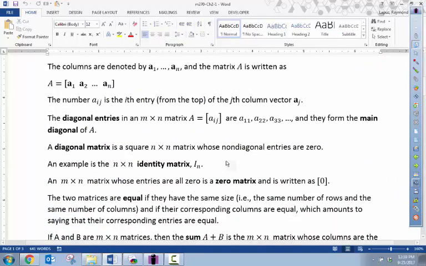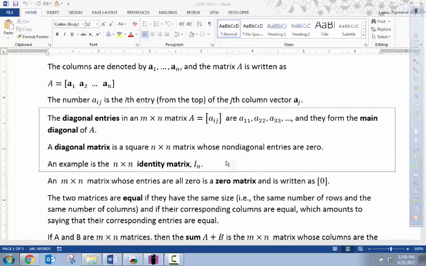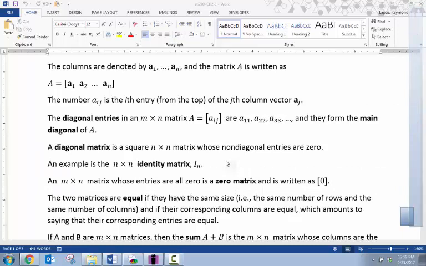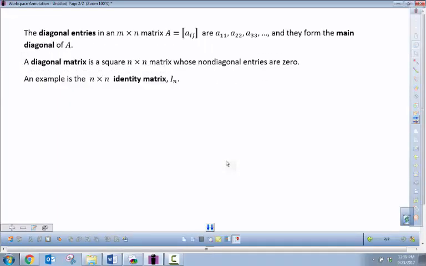All right, so we have a handful more definitions. The diagonal entries would be the entries that have the same column and row index. It should be A_ii, I think.